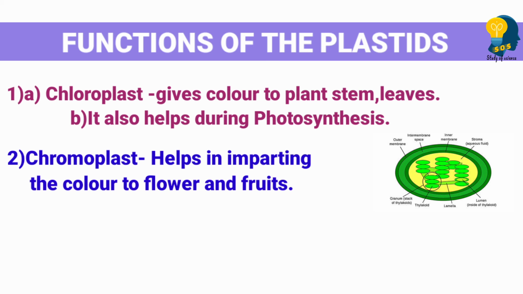Chloroplast gives the green color to the plants, to the stems, to the leaves, and it also helps in photosynthesis, whereas the chromoplast helps in imparting the yellow and orange color to the flowers and the fruits. Okay?